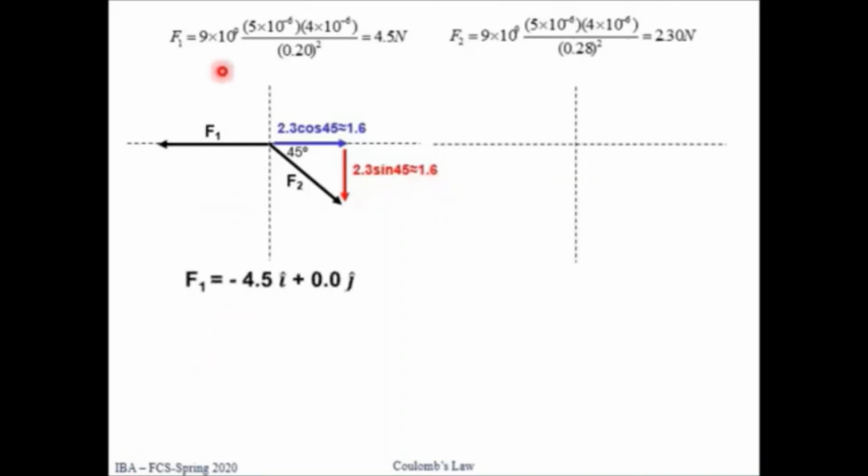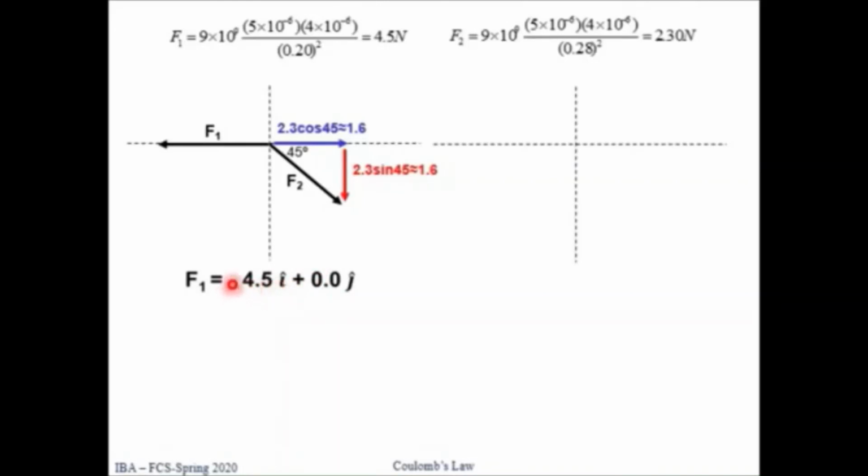So let me write these values in vector notation. F1 is equal to minus 4.5 i cap. i cap is the representation of the unit vector along the x-axis.